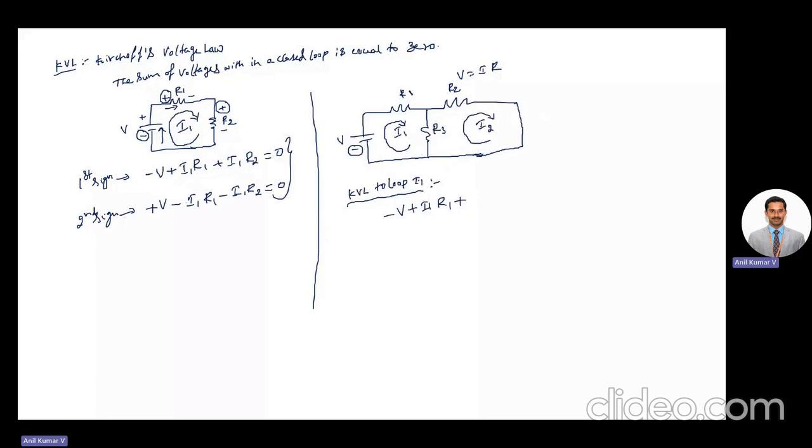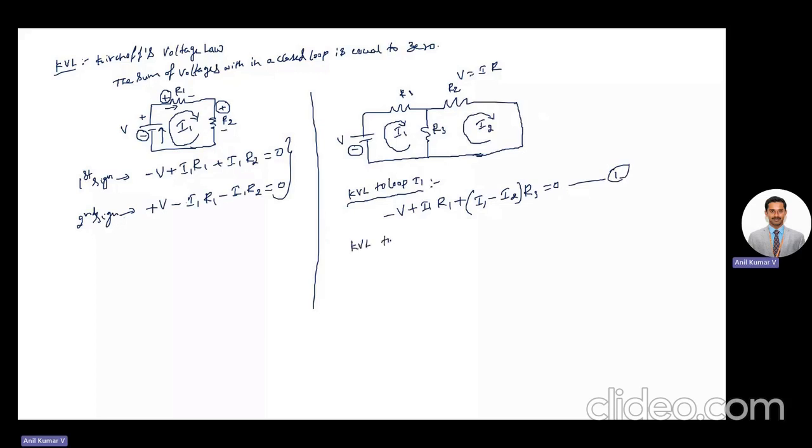Since you are applying KVL for loop I1, you take that loop current as positive, and the other loop current as negative. So I1 minus I2 is the current across R3, and into R3 gives the voltage, so that is equal to 0. That is one equation you get with KVL to loop 1.